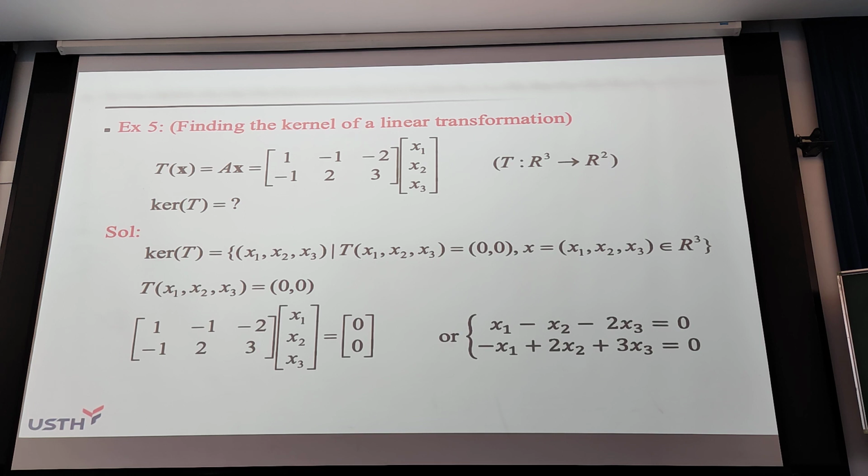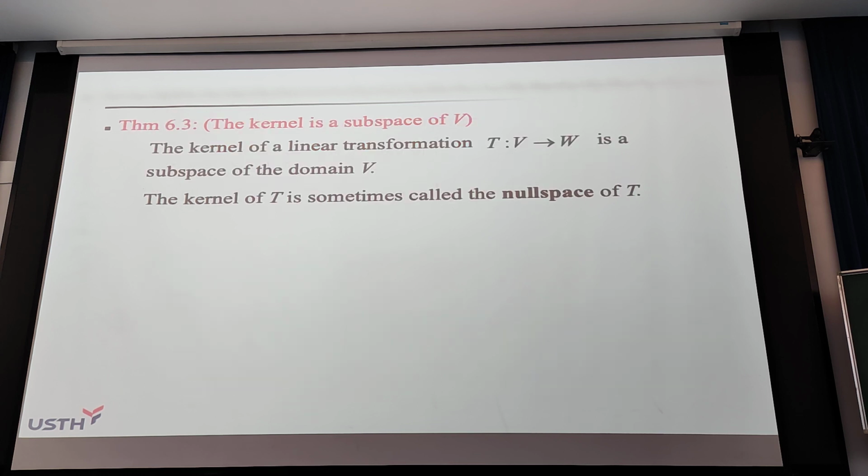And you know already how to find the solution space of a homogeneous system of linear equations. So that is why I say the kernel is a new name, but the notion behind the name is not new.